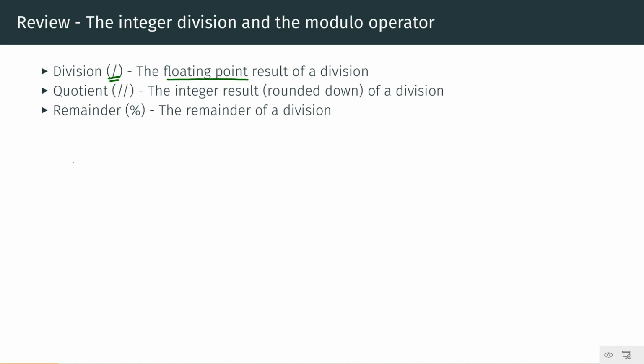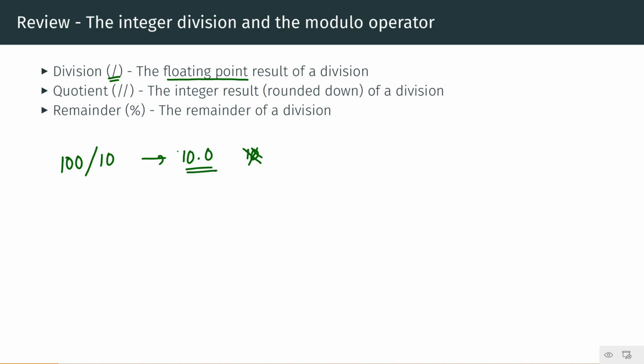So if you divide 100 by 10, the result of this division would be 10.0, right? Even though it is perfectly divisible, Python could have said just 10, but it doesn't do that. It gives you a floating point number.